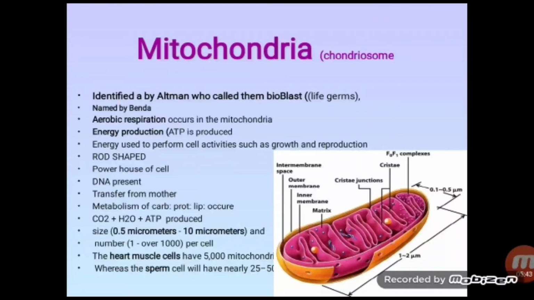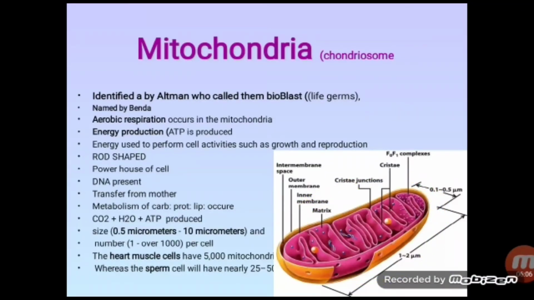Energy is used to perform cell activities such as growth and reproduction. It is rod shaped in structure, or we can say it is the powerhouse of the cell, because it produces a large amount of ATP, which is used by the cell for different functions. And it is a self autonomous body, because it contains its own DNA and RNA.